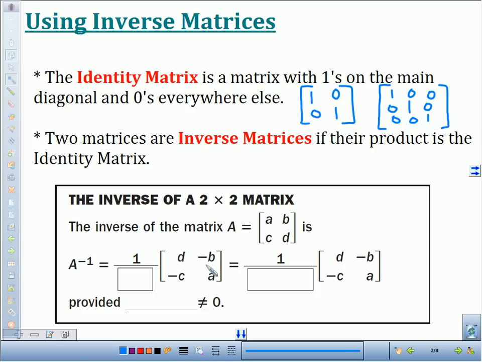Now, two matrices are inverse matrices if their product is the identity matrix. I want to take just a moment here to note that it has to work in both directions. That means that the matrix times its inverse equals the identity matrix, and the inverse times its matrix is the identity matrix.